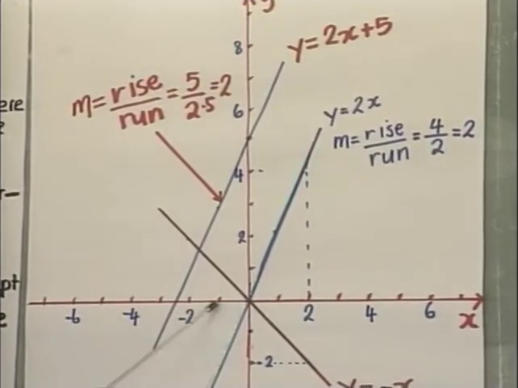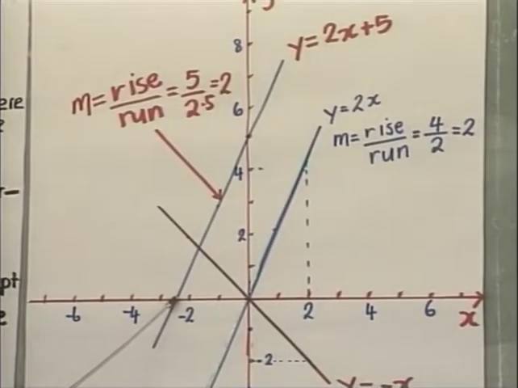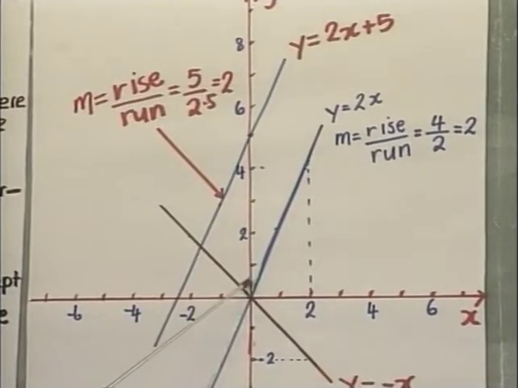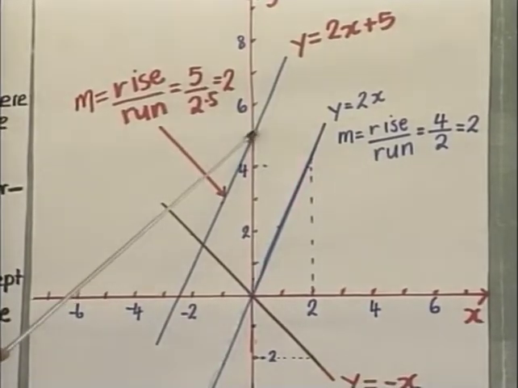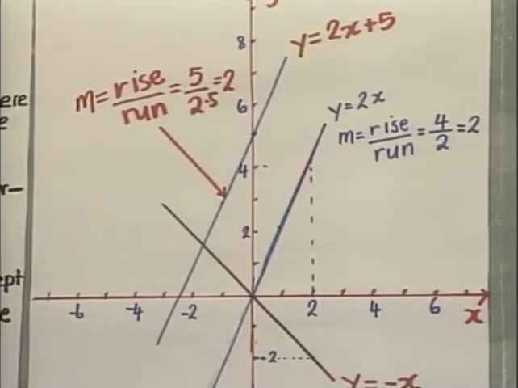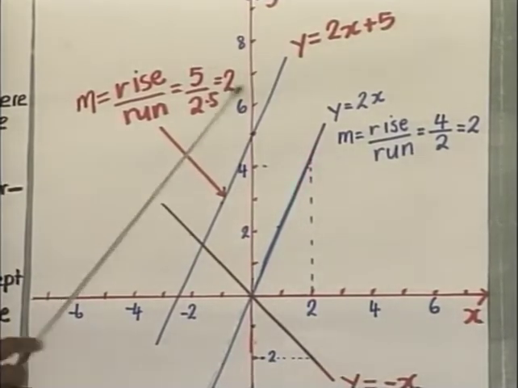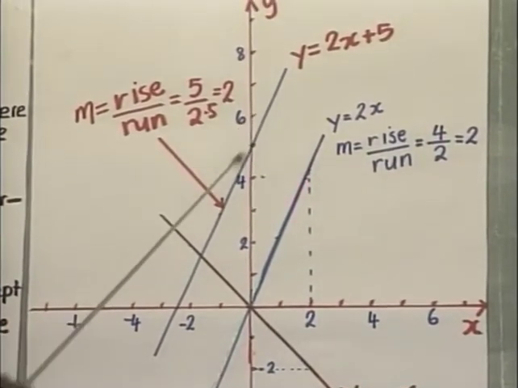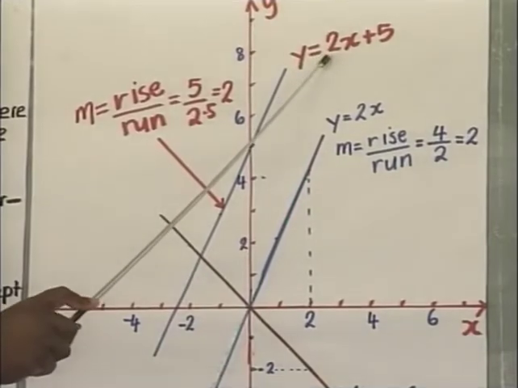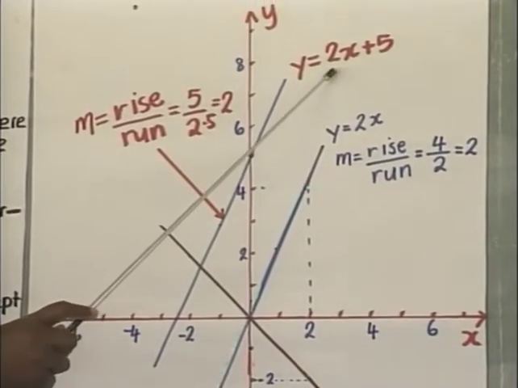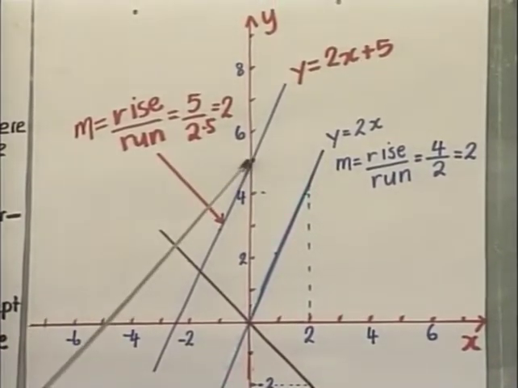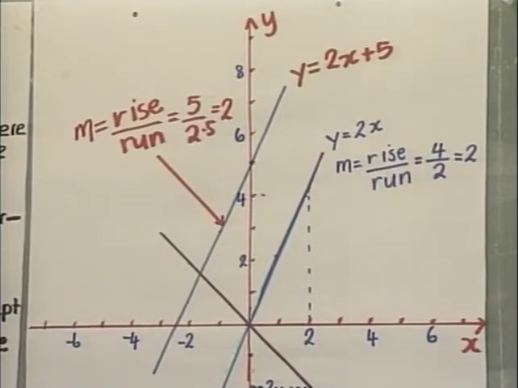Because I've got 1, 2, and 2.5. And the rise is from 0 to 5, so it will be 5. 5 divided by 2.5 will give 2. That's why the gradient of this line is 2. So it's y equals 2x plus 5, where 5 is the y-intercept.